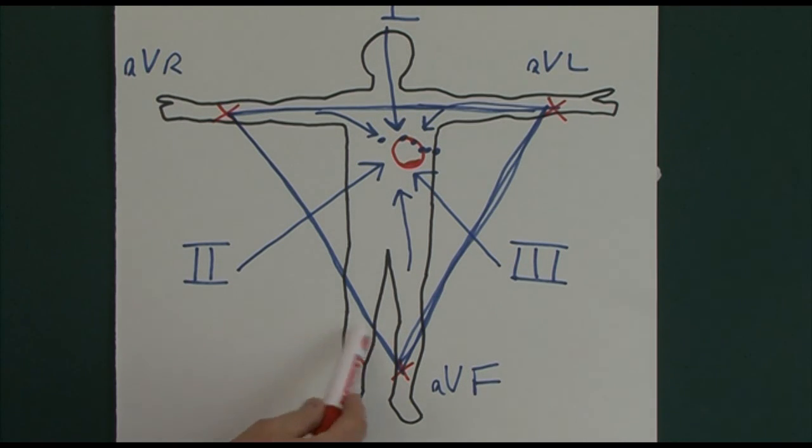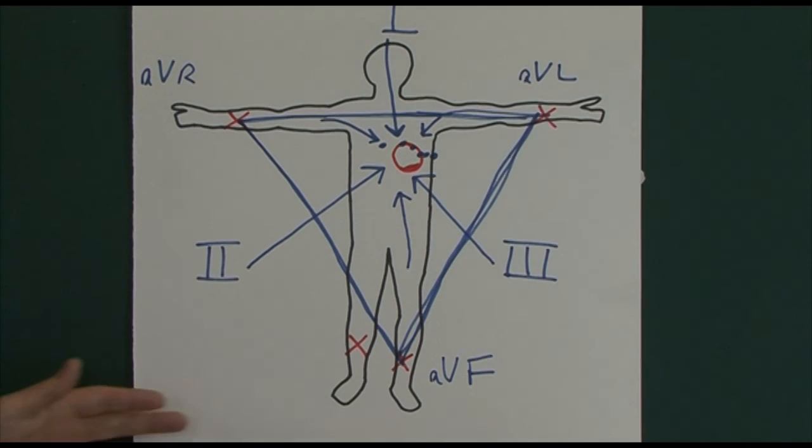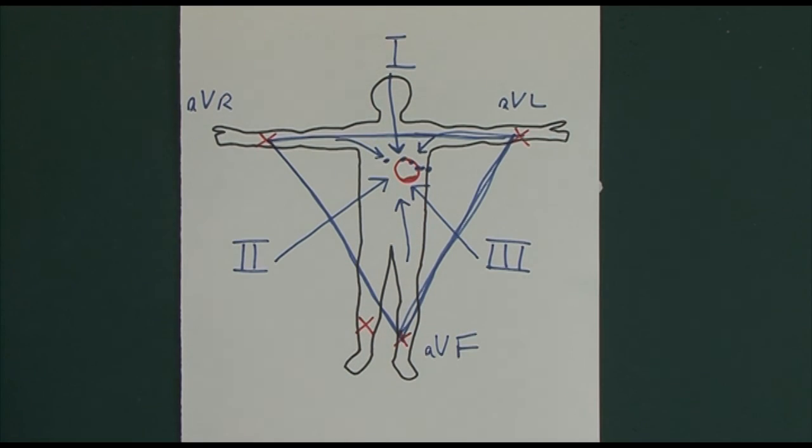So we have 10 electrodes on the surface of the patient's body. We need the earth, but we can take that away. But then we have 1, 2 and 3 as well, giving us a total of 12 views of the heart, giving us essential anatomical information. For example, if it's an inferior infarct, then the thrombus is most likely to be in the right coronary artery. In 80 or 90% of patients, it'll be in the right coronary artery.